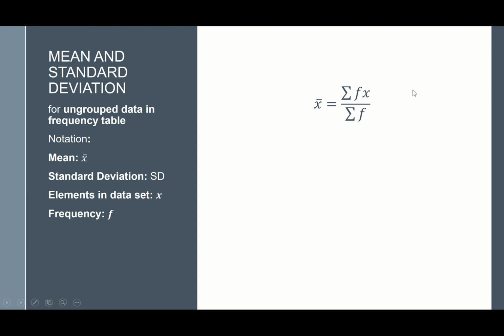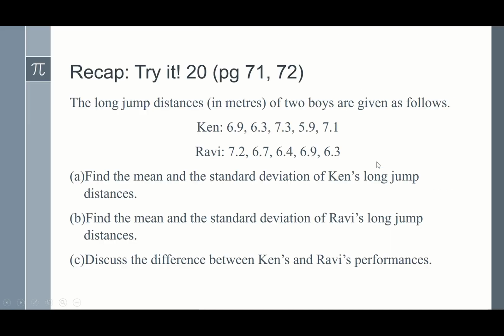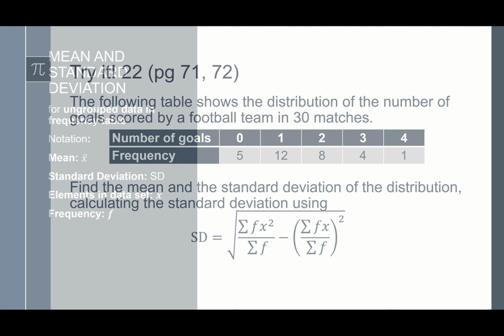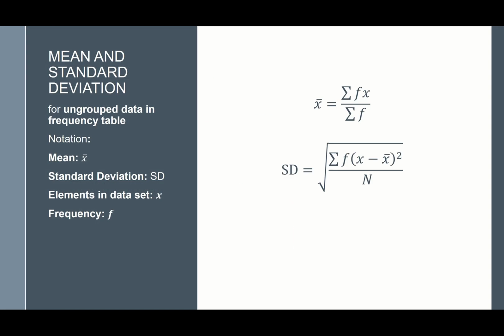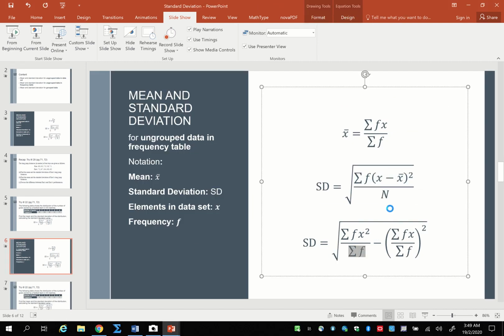Now, if we look back to the previous formula, here we will have x minus x bar squared. So what we can do instead is multiply by f. Now there's an error here, I'm so sorry. This should not be n, this should be the sum of f.